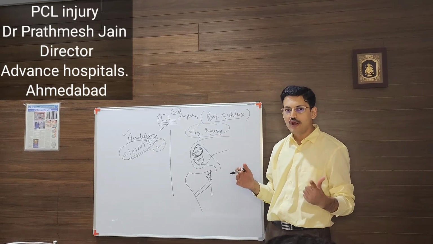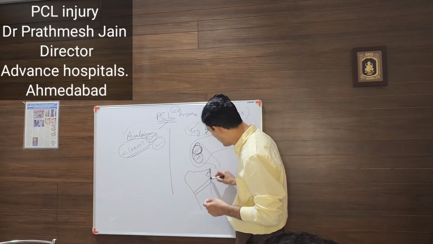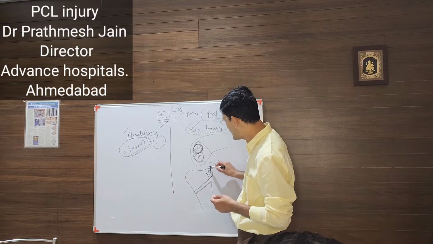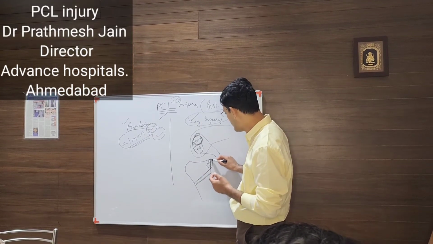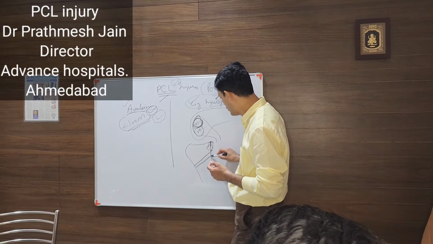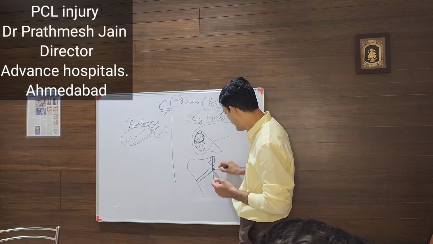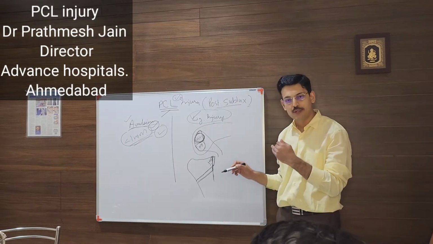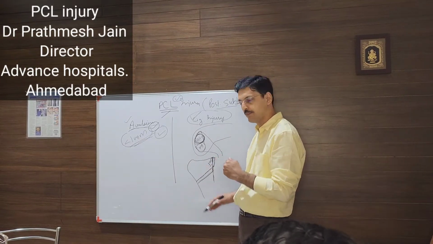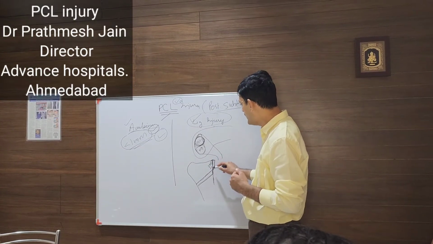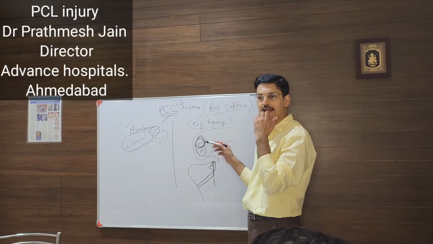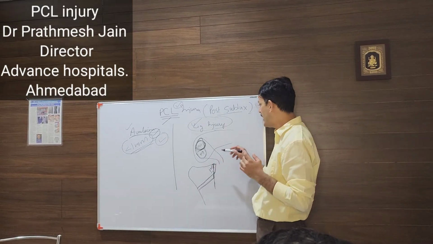So if you want to avoid that, try to make your tunnel at the drop site. Champagne drop is whenever you have a posterior tibia, it goes like this. There is a small drop like this, like a champagne drop, and you have to make your tibial tunnel as low as possible.